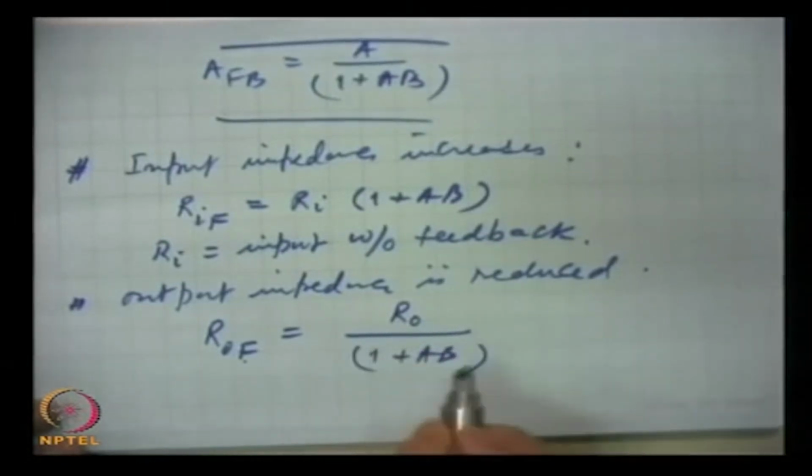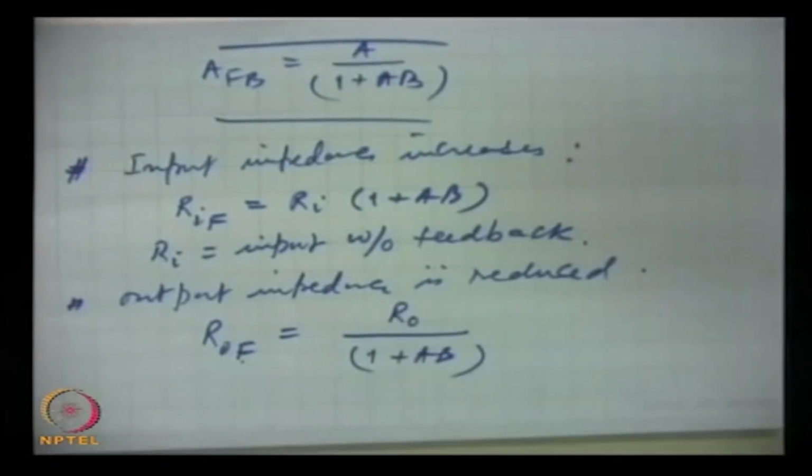It will be reduced, and an ideal, or rather a good voltage amplifier is supposed to have high input impedance and low output impedance, and bandwidth will increase, because you will recall that gain bandwidth product is constant.